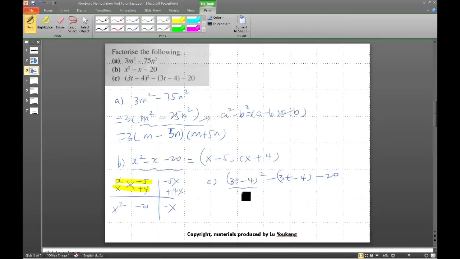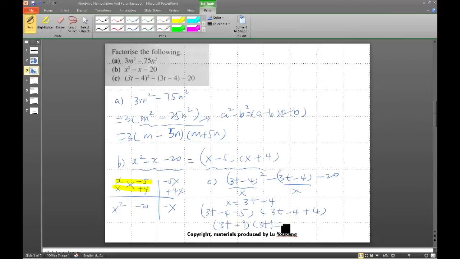Part C. If you are observant enough, you should spot that this question is similar to part B, and now x is replaced by 3t minus 4. Therefore, we can make use of the answer just now. We just replace x with 3t minus 4, so you should get (3t minus 9)(3t).